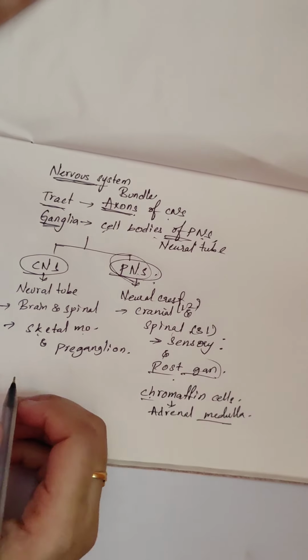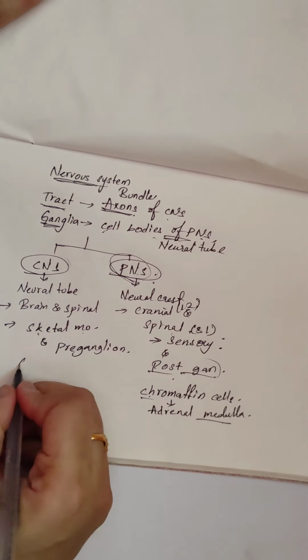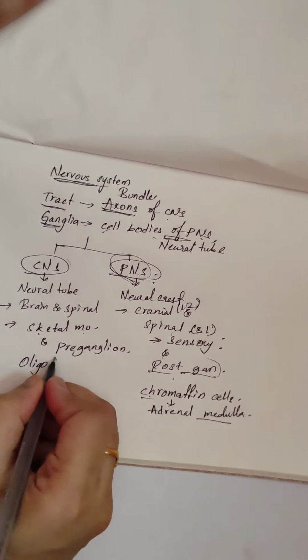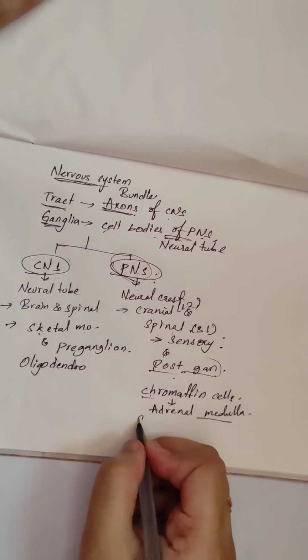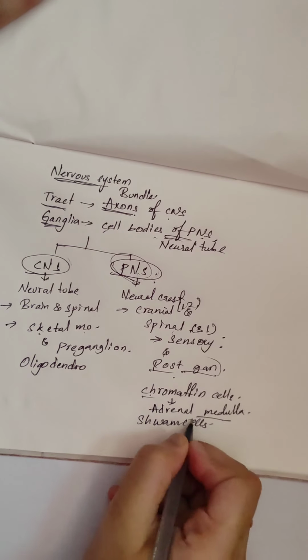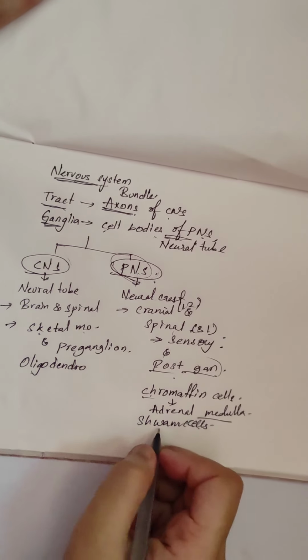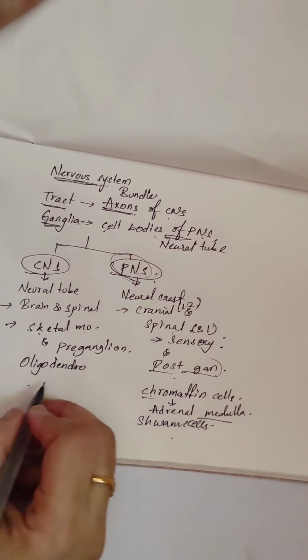And next, myelin forming cells. What is the myelin forming cell of the CNS? That is nothing but oligodendrocytes. And for the PNS, it is Schwann cells. So what is the difference between oligodendrocytes and Schwann cells? Both produce myelin.